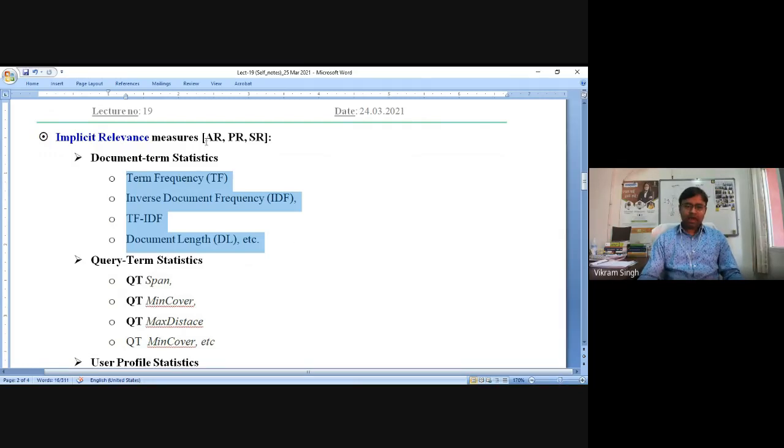Most of the AR based approaches are like term frequency, IDF, inverse document frequency, and the combination of TF and IDF. You can utilize the document length also. If your query retrieves 10 or 20 documents, you can estimate the length of each document and arrange them into a preferred list.